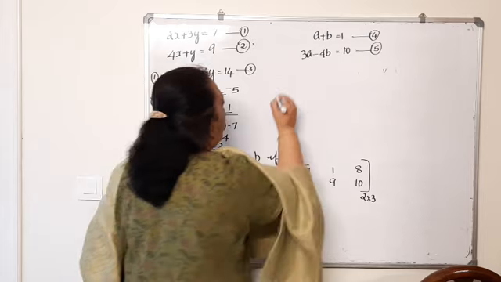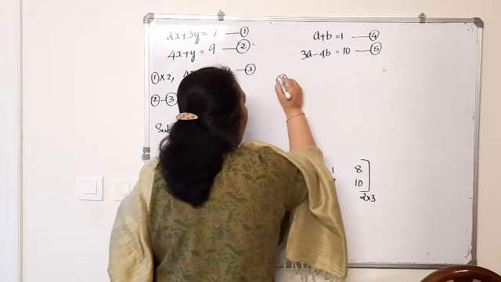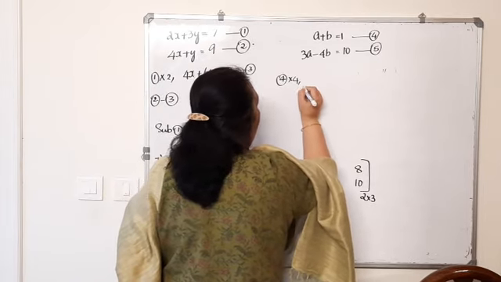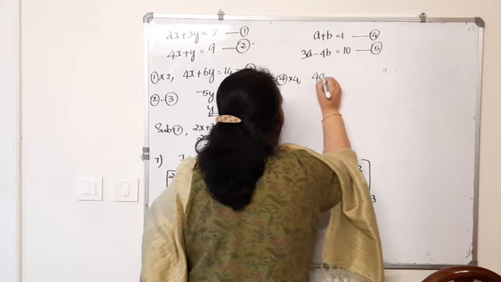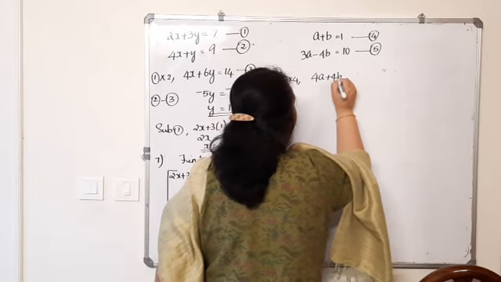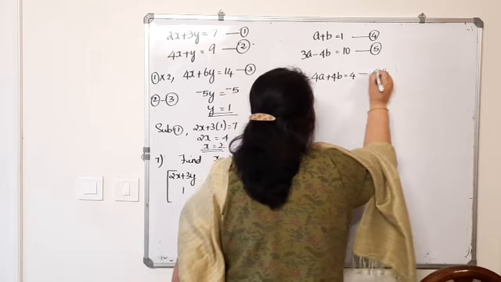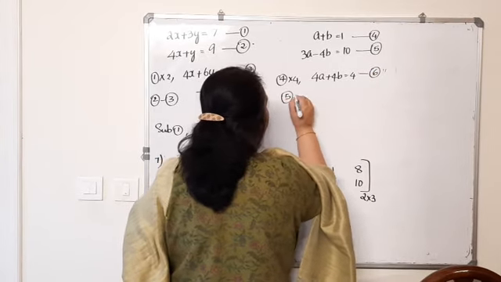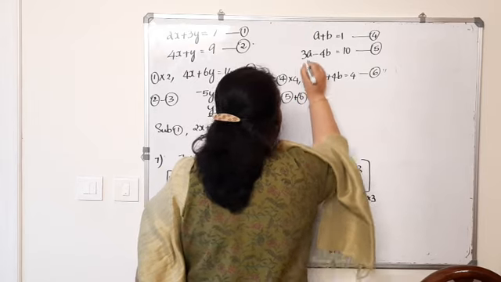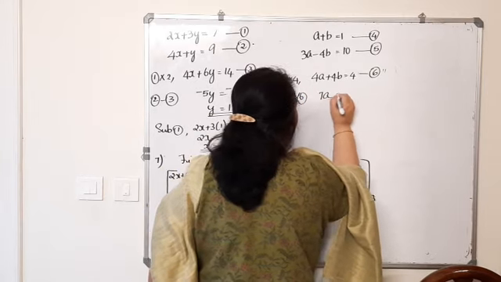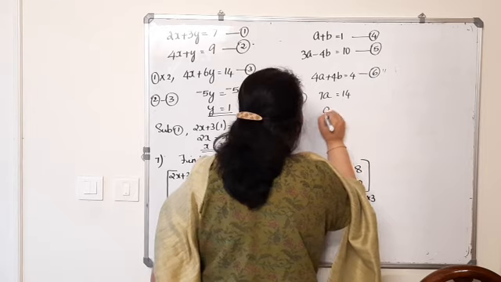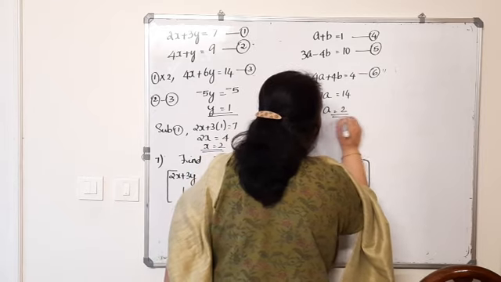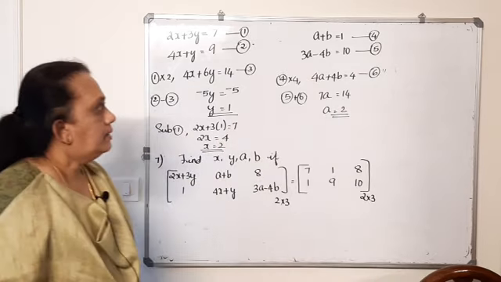Fourth equation you multiply by 4: 4a plus 4b is equal to 4. Adding the fifth and sixth equations, 7a is equal to 14. a is equal to 2.